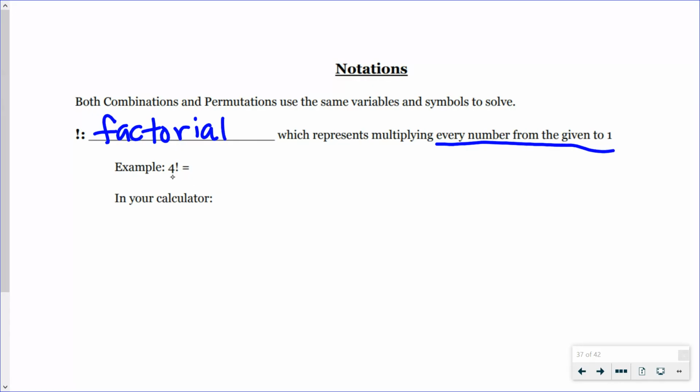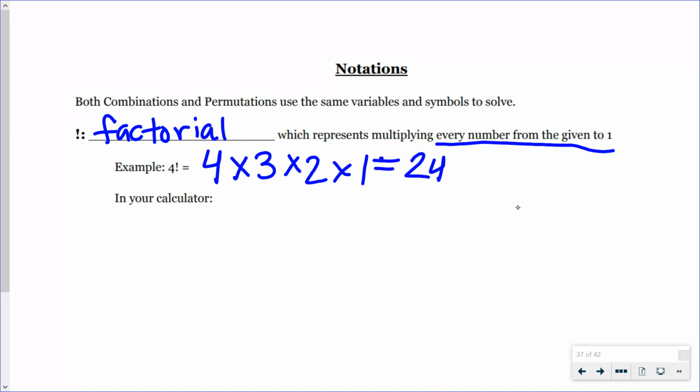So if I'm taking 4 factorial, my given number is 4, and I multiply every number that's smaller than that until I get to 1. So 4 times 3 times 2 times 1. Okay, and when I type that in my calculator, I find that I get 24.